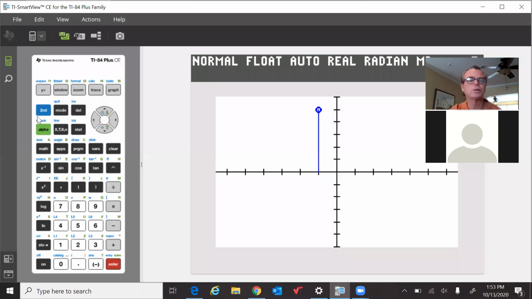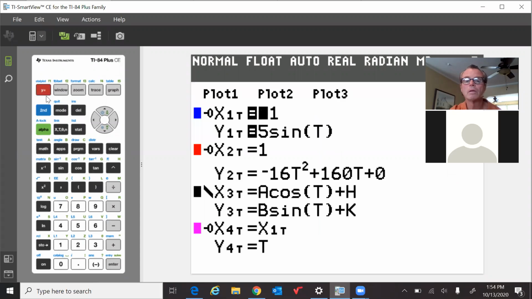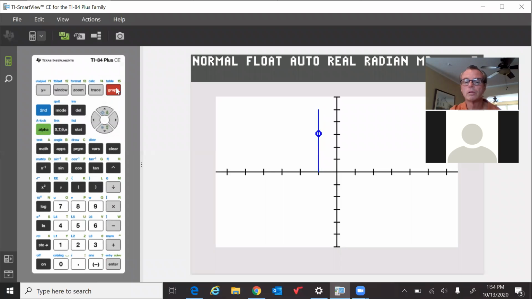Okay, so back to the picture. This is what's happening for that problem, number 11. It begins on the x-axis, goes up, and comes down.